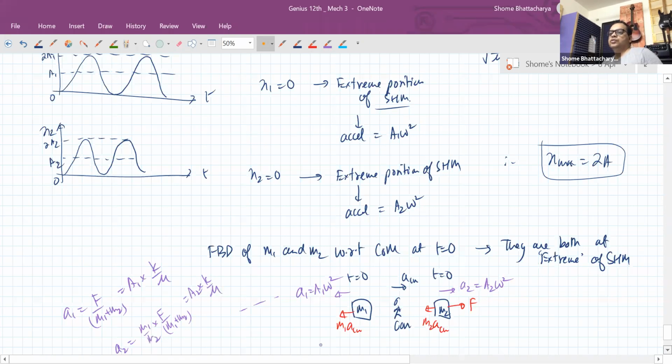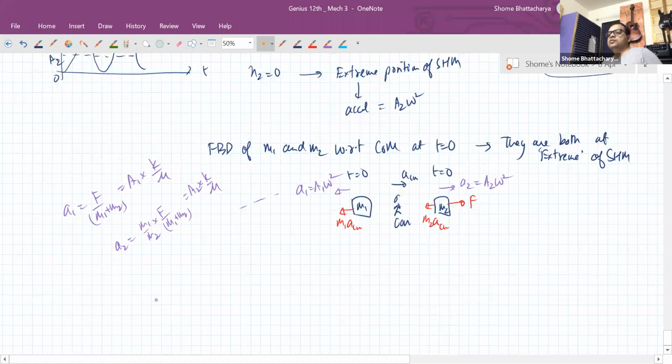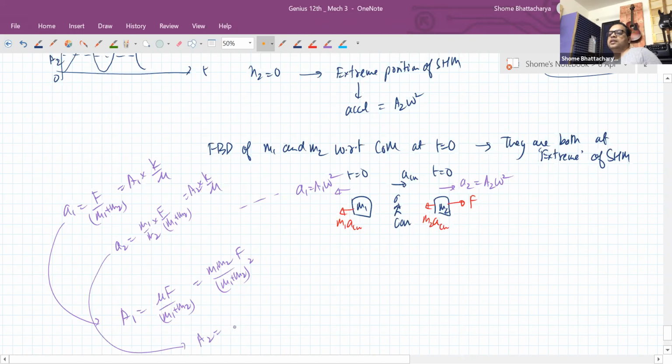So from this, I'll get a1 as mu f upon m1 plus m2. So that is m1 m2 upon m1 plus m2 whole square into f. And from this, I'll get a2 as m1 by m2 into f upon m1 plus m2.